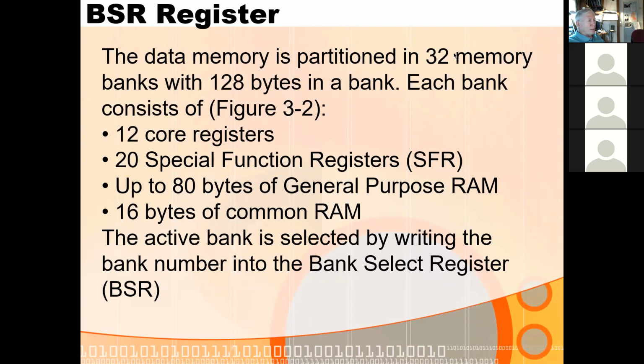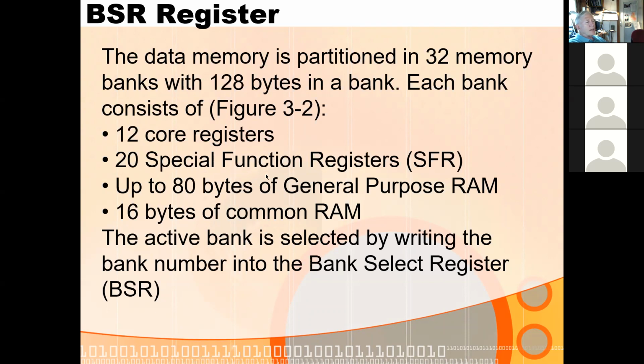Each bank has 128 bytes. The first 12 bytes in every bank are the core registers. Same for every bank. That's why you don't have to worry about which bank you're in. The next 20 locations are special function registers. So that gives you 32 registers that make up either the core registers or special function registers.